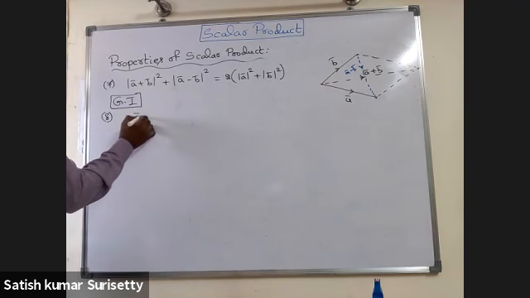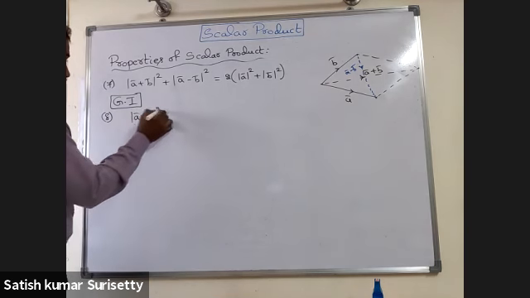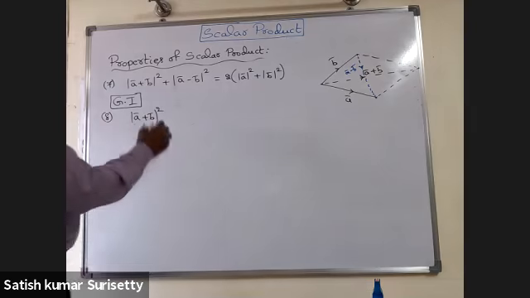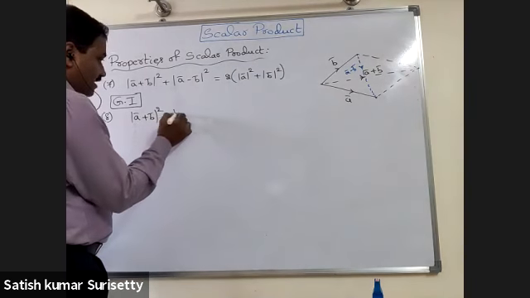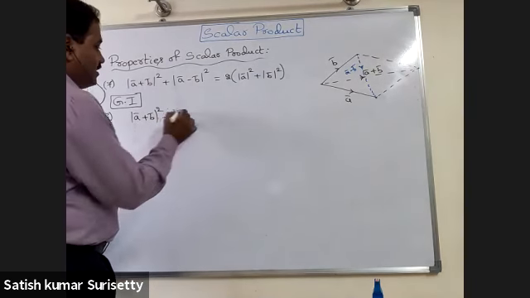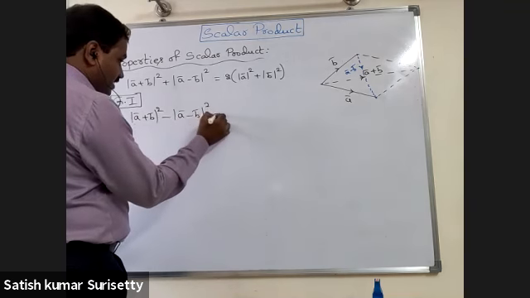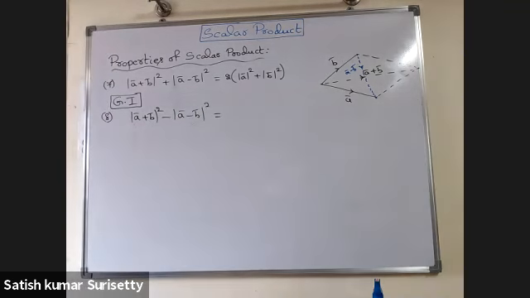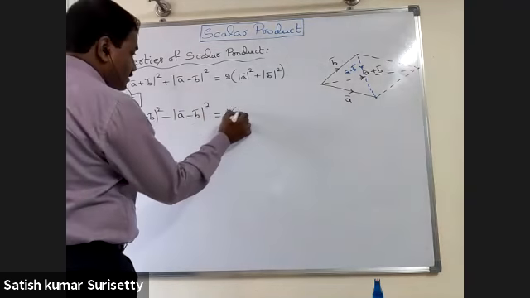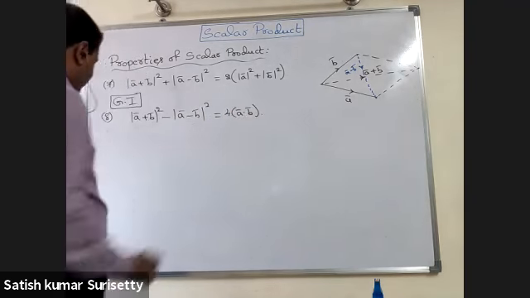Next, modulus of a bar plus b bar whole square minus modulus of a bar minus b bar whole square is equal to 4 into a bar dot b bar.